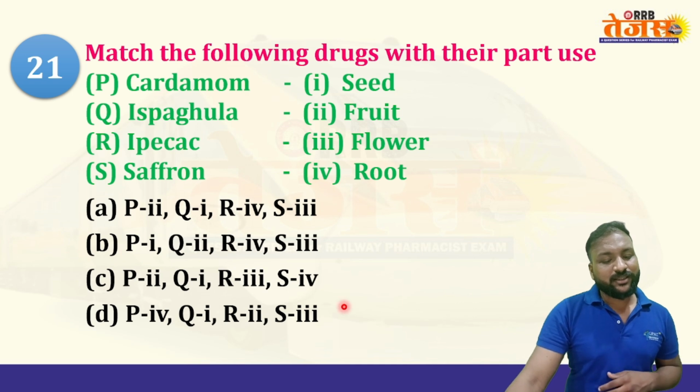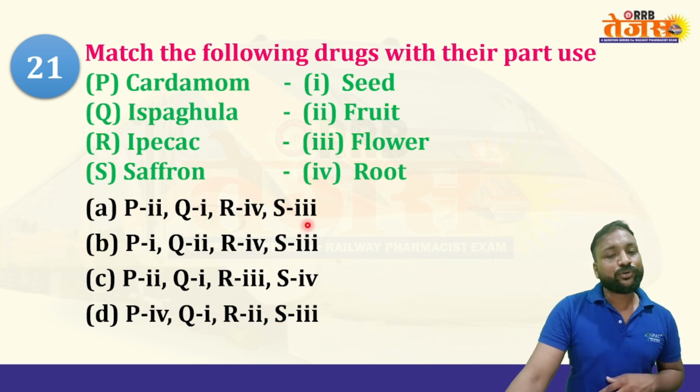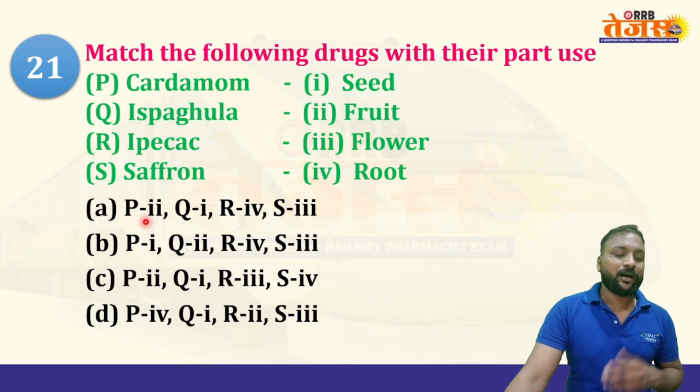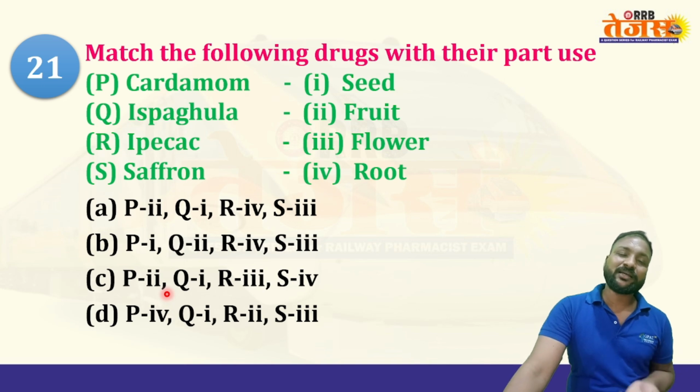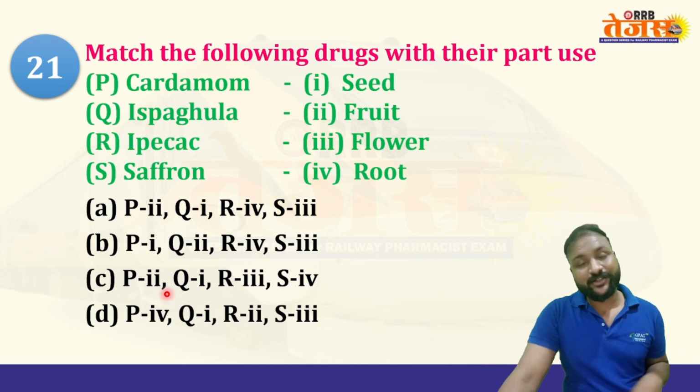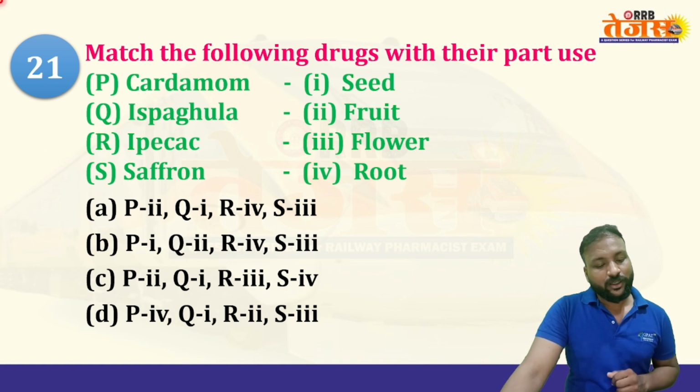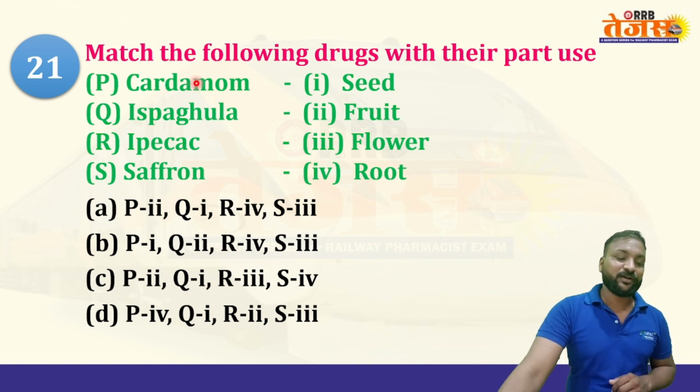You can see here he gave you two exactly similar options. Option A has P refers to 2, and in option B, P refers to 1, whereas option C has the same, P also refers to 2. So you need to check that first.